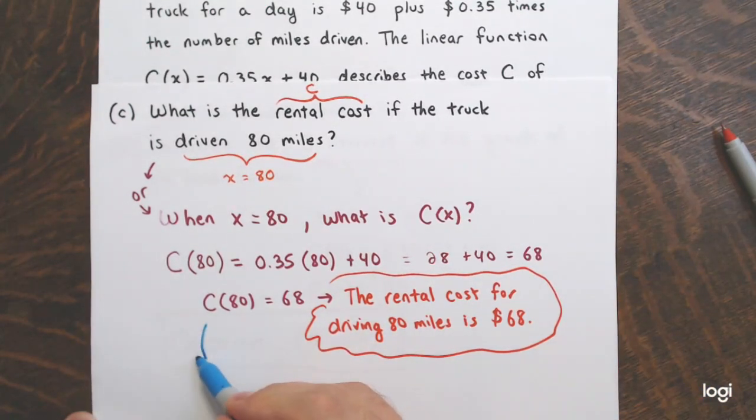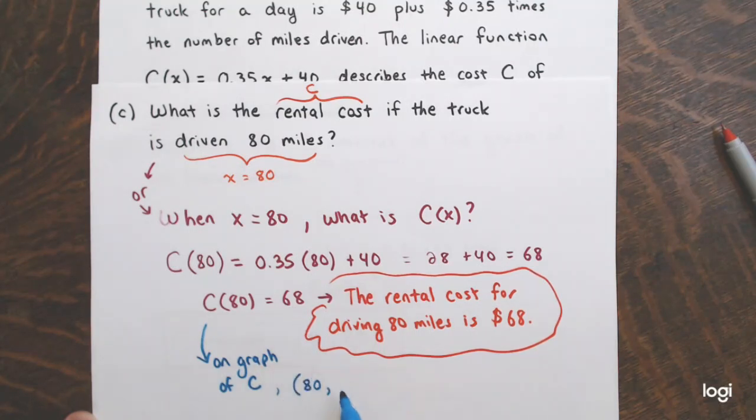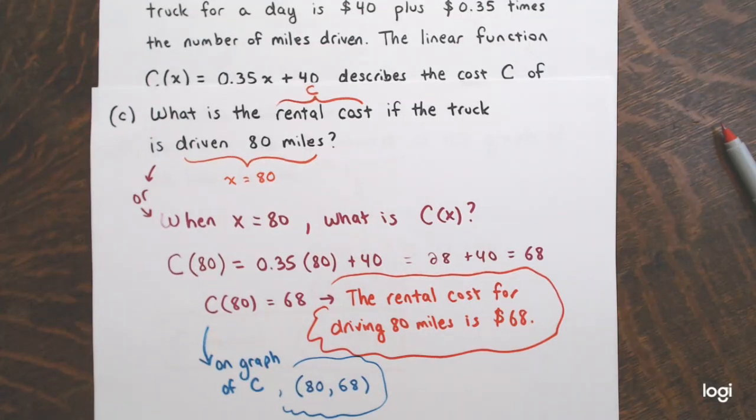On the graph of C, which I'm going to make in a little bit, the point 80 for the input, comma 68 for the output, will be on the graph of the function C, of this linear function, which we'll get to later.